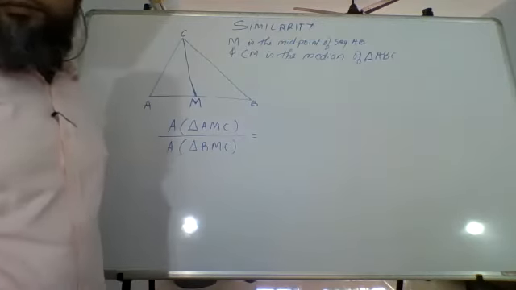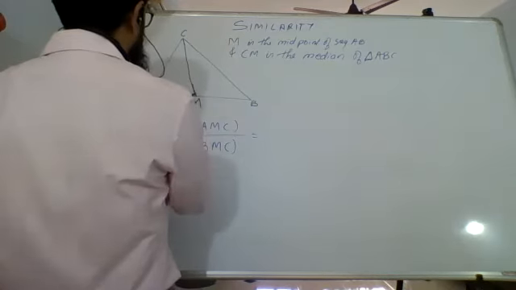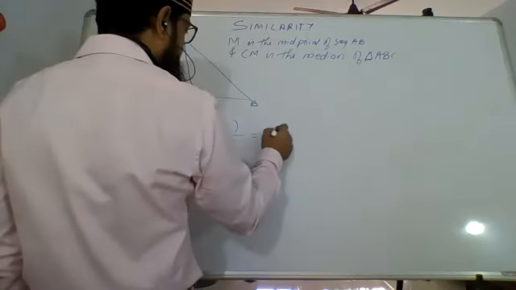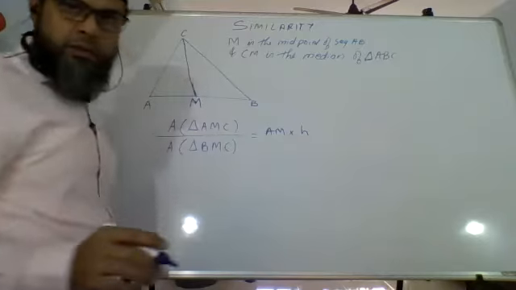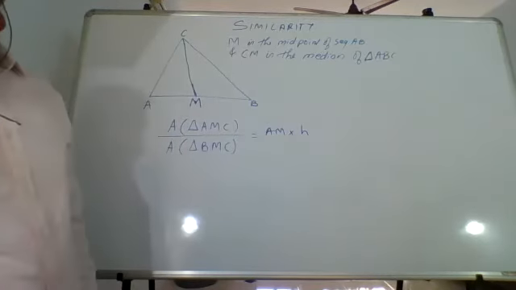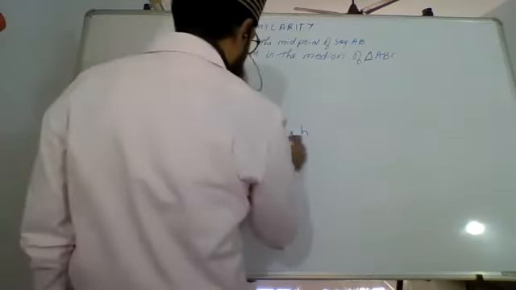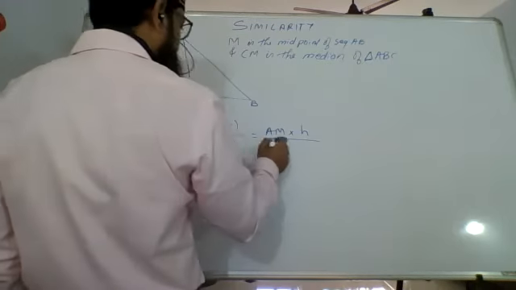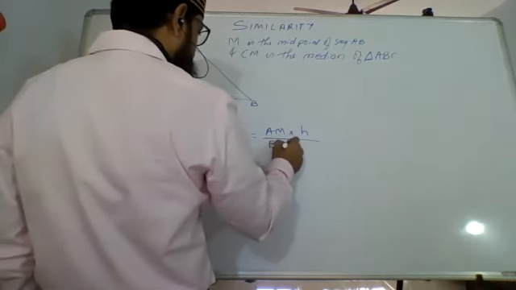So what is it? AMC will be AM into height. Height is not given, but we can say it will be H upon BMC, that is, BM.